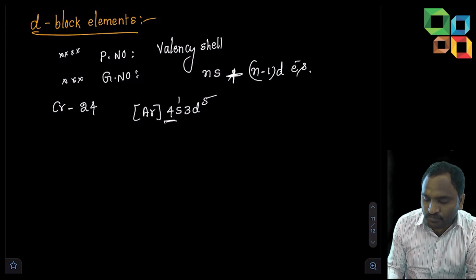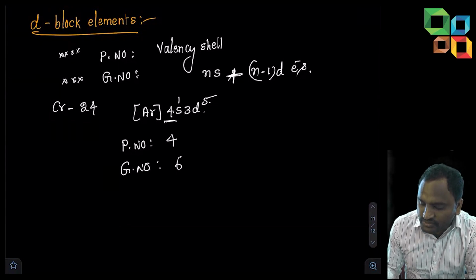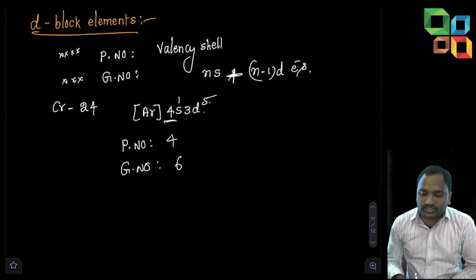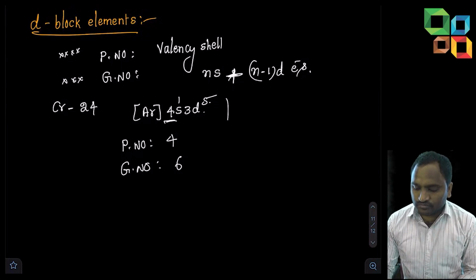No? Fourth shell. So period number is 4. Group number, what did I say? ns and (n minus 1) d, outermost shell and inner d electron. Group number is 6. So chromium belongs to 6th group, 4th period.